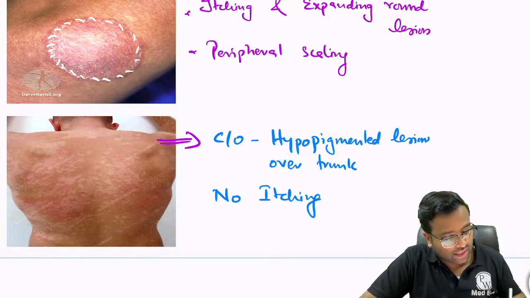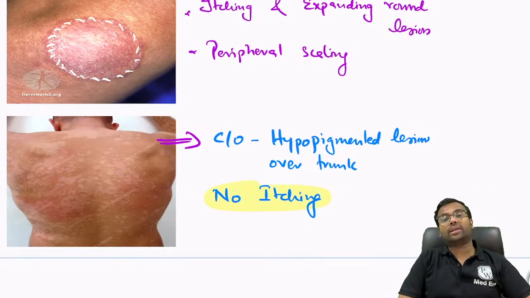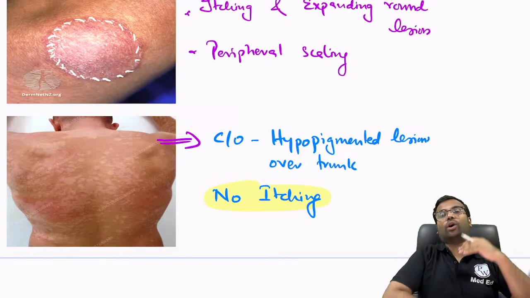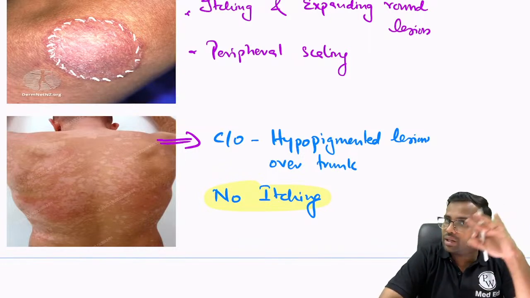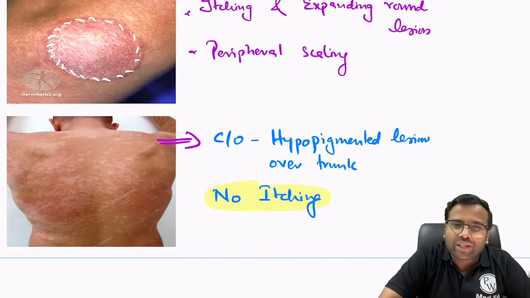क्योंकि till this time we were like fungal infections है, so don't take it for granted कि fungal infections means it is always gonna itch. Wrong. Okay, this will prove you wrong in this case. So there is no itching, there is hypopigmented lesions over the trunk.